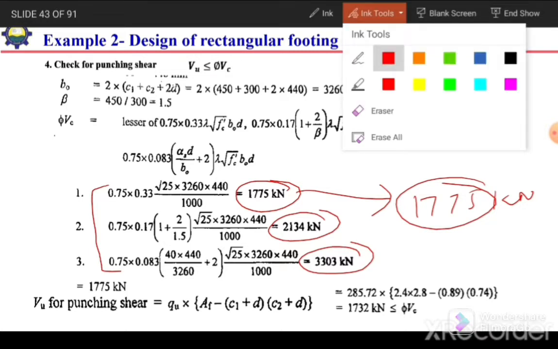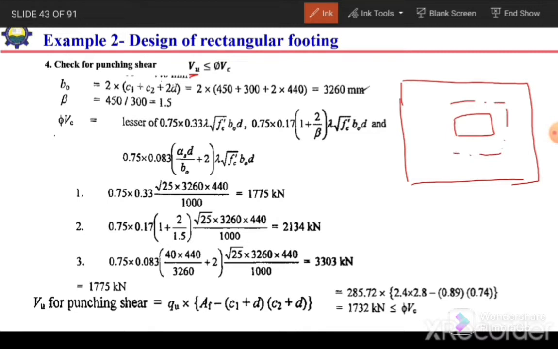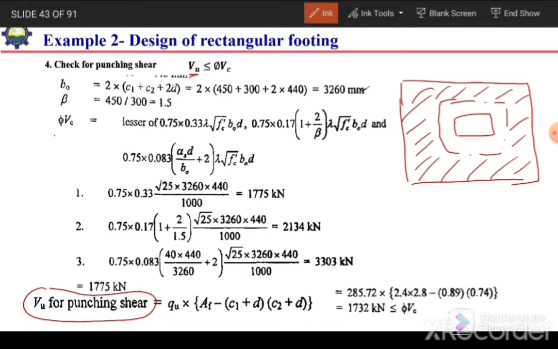Okay, after that we need to calculate the applied shear value VU. If we have this footing and the column is over here, this is the critical section. The contact pressure outside this critical section multiplied by the area of the footing outside this critical perimeter will give us the VU value, the applied punching shear.